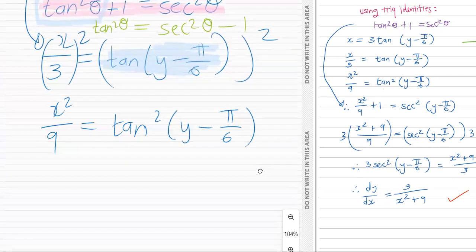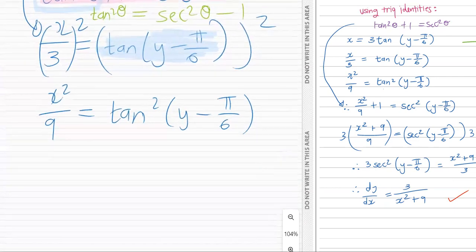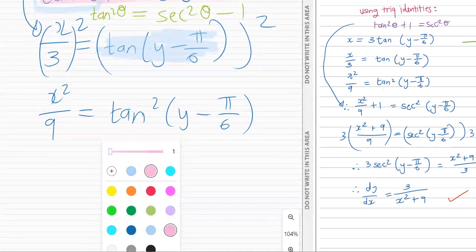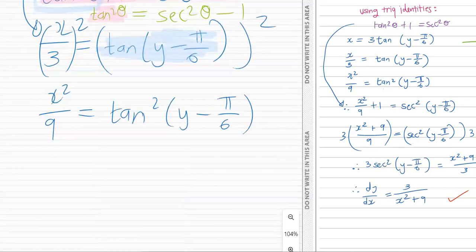Tan squared theta over here is this part, so it's equal to sec squared theta minus 1. It's the same theta, so we can just interchange it.